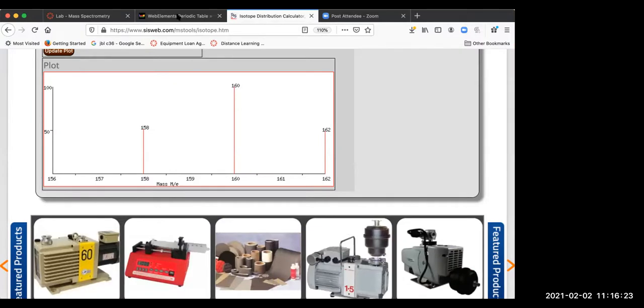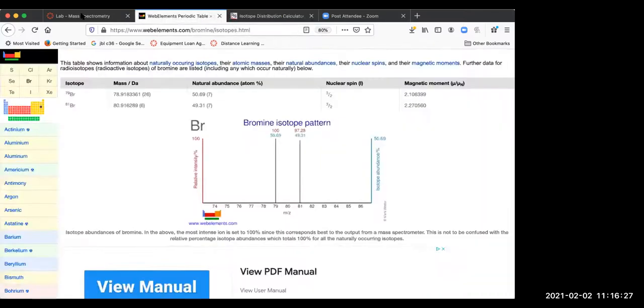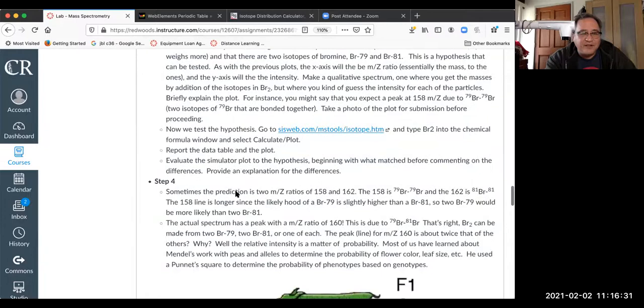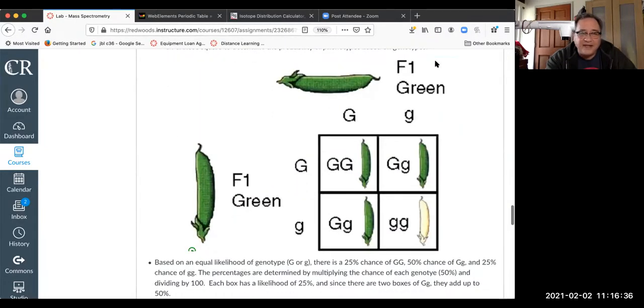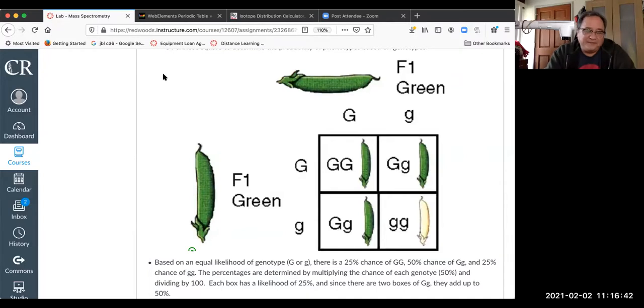So let's go back to the lab. You'll notice I give you a little explanation. Do you recognize this little green thing here with the P's? Mendelian genetics, and this is a Punnett square. Do you see that uppercase G, lowercase g is 50%?